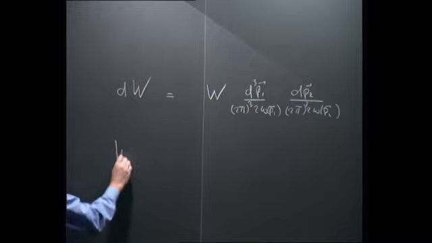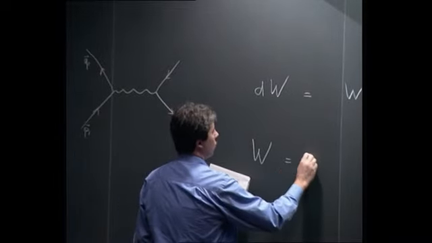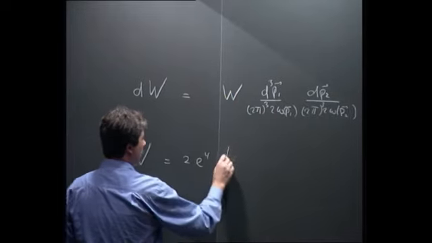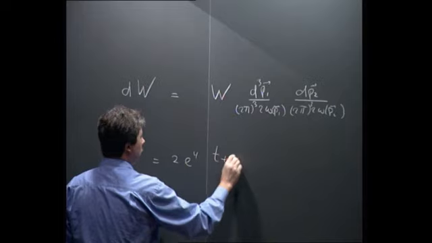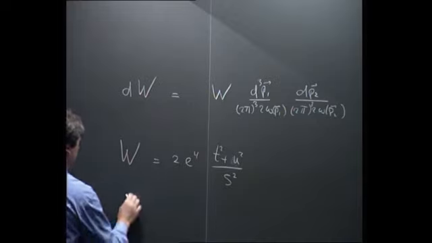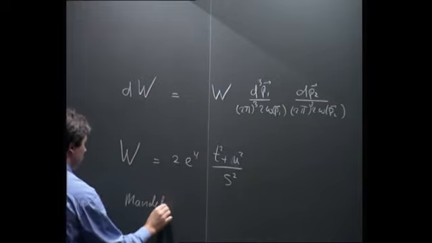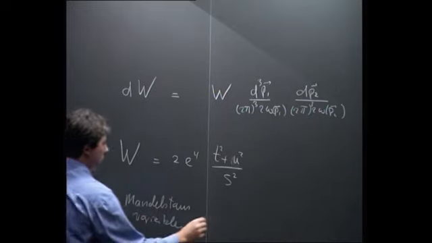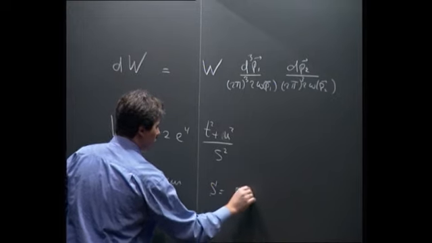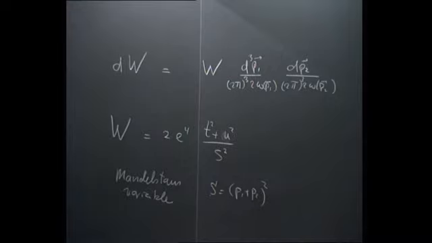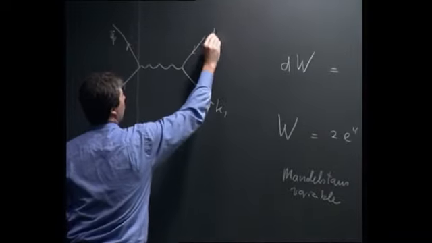If you do the Feynman diagram calculation, you'll find 2e to the fourth, and then a combination of Mandelstam variables, which was S, which was P1 plus P2 squared, and K1, K2.